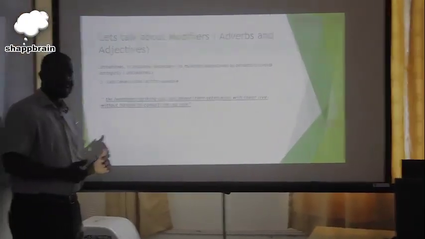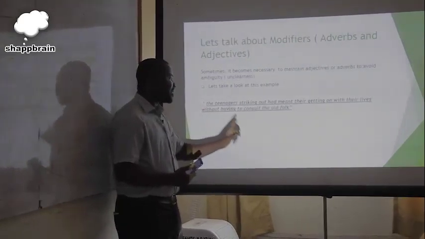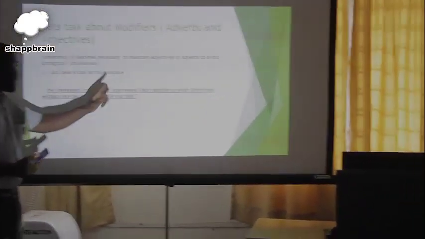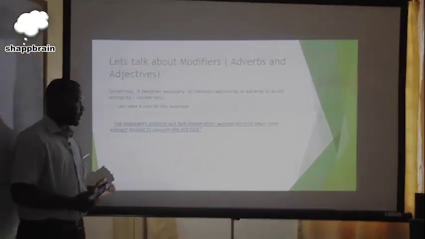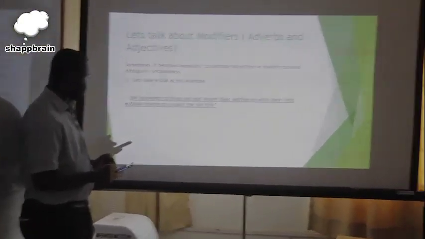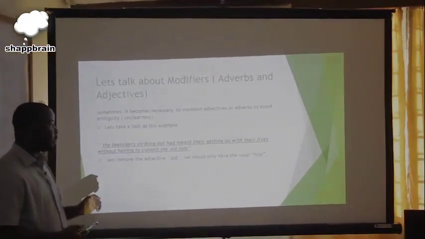It says that the teenagers striking out had meant they are getting on with their lives without having to consult the old folk. Let's remove the word old, which is an adjective here.